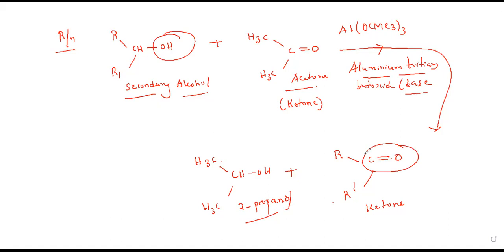But if I say it like this, you may not be able to understand. So to discuss this reaction in a more elaborate way, we'll have the mechanism of Oppanauer oxidation, where you can understand how these secondary alcohols are converted into ketones.